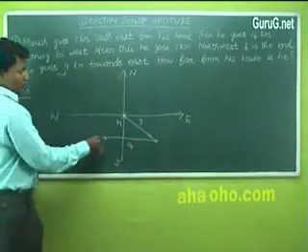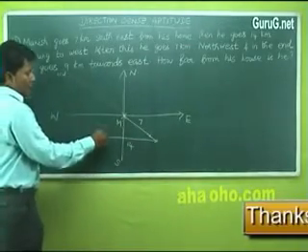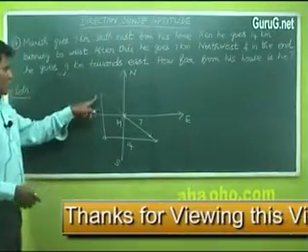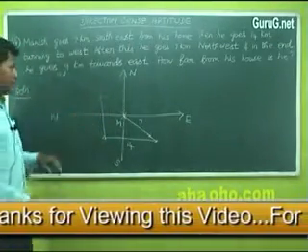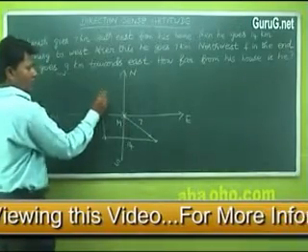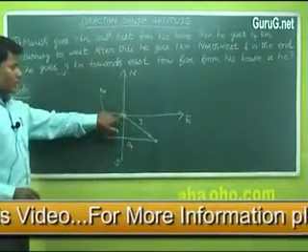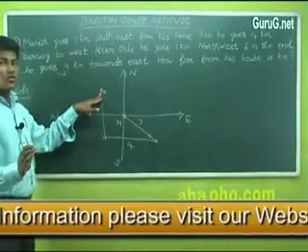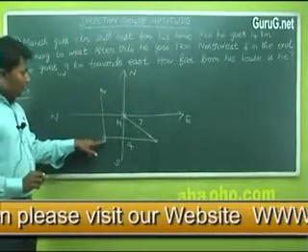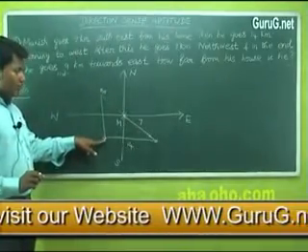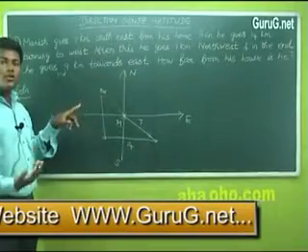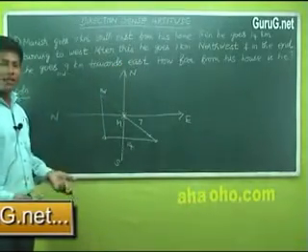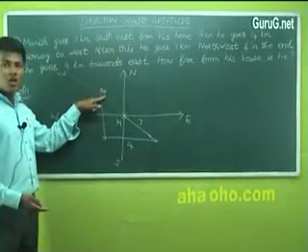Now you should not try to draw a line straight away like this, saying that you are reaching the northwest line. Even this is northwest, isn't it? Actually, by drawing this line, you mean that even this is northwest, but it is not so. If Manish is going to this particular position, why should I say that he is moving 7 kilometers northwest? I can say he is moving 7 kilometers north.